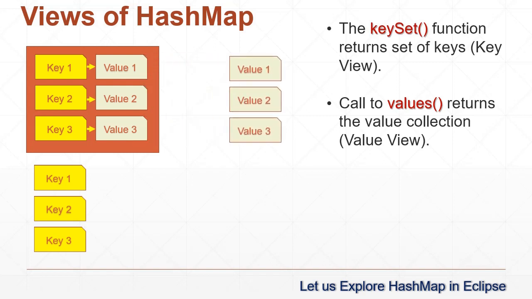If you look here, the keys are actually a set. We know about the set: it's a collection, but it maintains uniqueness. Values are actually a collection, and a collection can allow duplicates. Since we can have duplicates in values, the call to values won't return a set. It will return a collection.